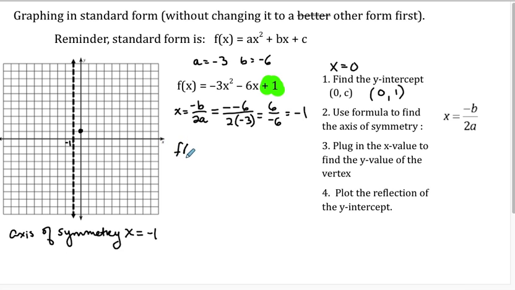So I'm going to evaluate this function for when x is equal to negative 1. So that's negative 3 times negative 1 squared minus 6 times negative 1 plus 1. And so that's going to give me negative 3 times 1, which is negative 3, plus 6 plus 1, or 4.